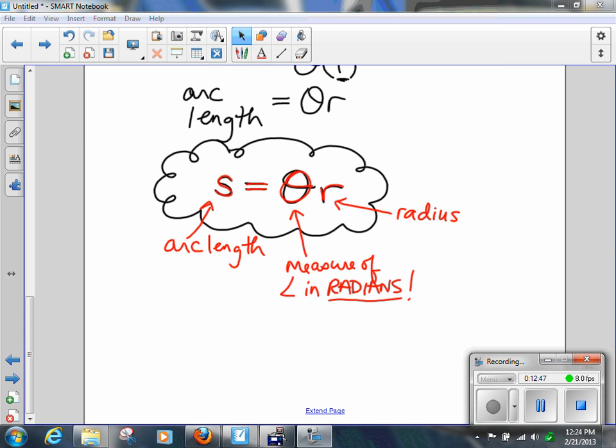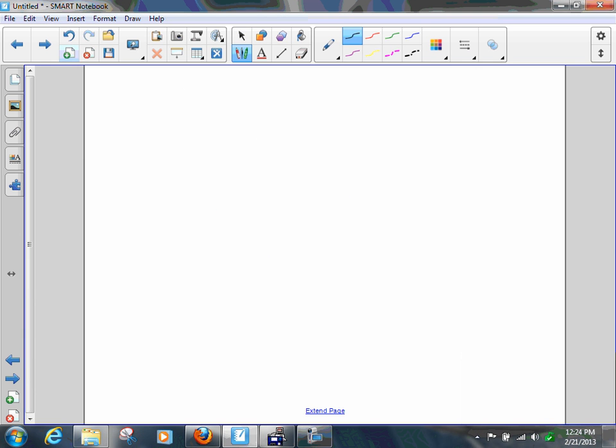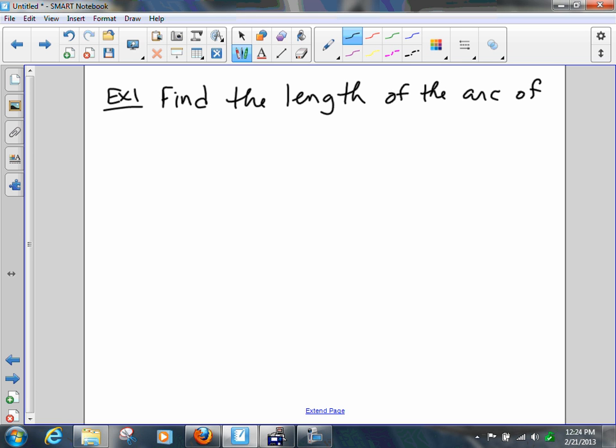So look at this. Here's our first example. Find the length of the arc of a circle with radius equals 10 meters.